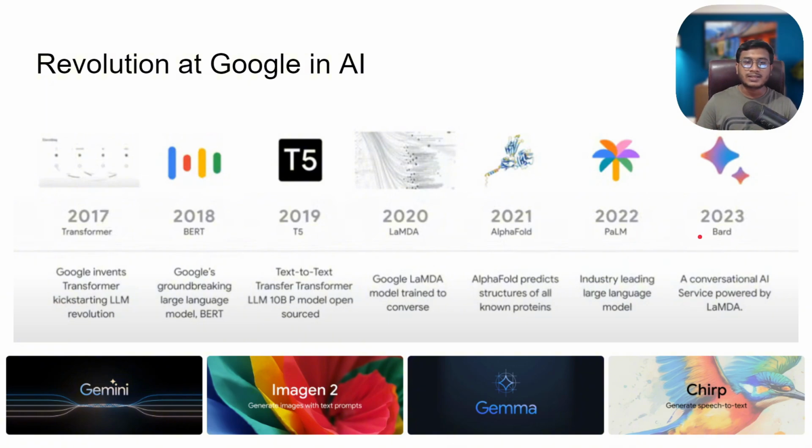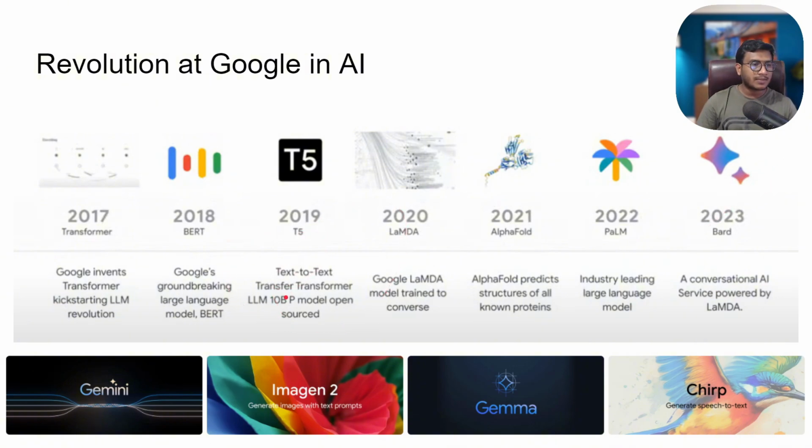And in 2023, they introduced something called the BARD model, B-A-R-D. I think we used to use Google Bard, right? That means it is a ChatGPT kind of interface, I think, remember. Nowadays, Bard has been replaced with Gemini. So now we search for Gemini, but previously we used to search for Bard, right? This was the first application Google published.